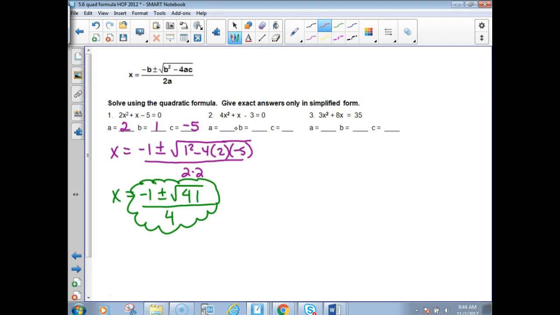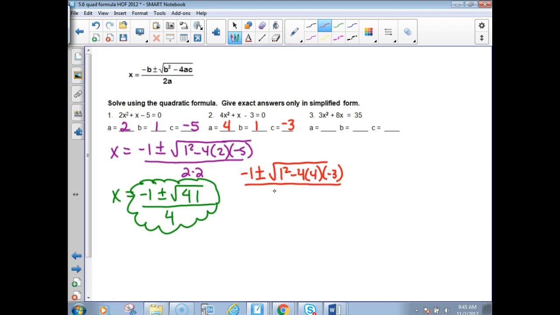This one is finished. On number 2, the a value is 4, the b value is 1, and the c value is -3. So we start the formula with, again, the opposite of b, which is -1, plus or minus the square root of 1 squared minus 4 times -3.